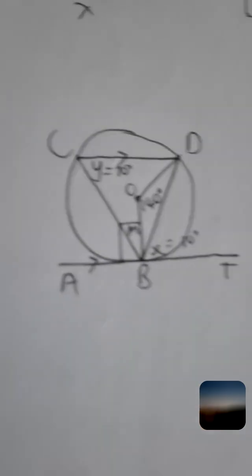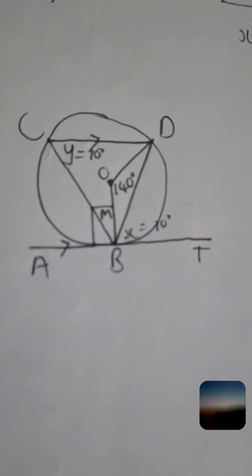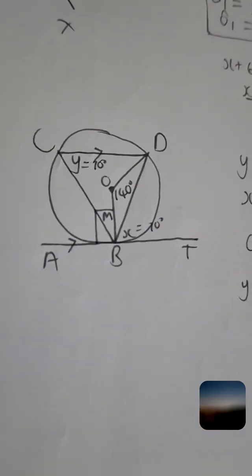Alternate angles are equal because CD is parallel to AT. So we say alt angles, very important. Parallel to AT. Very important. So we update 70. Now we update our sketch.